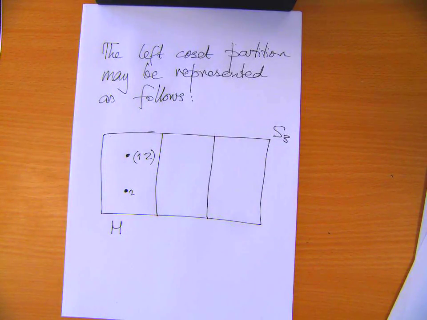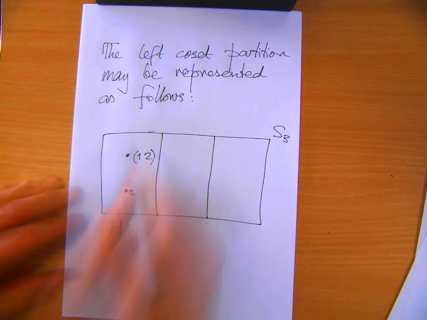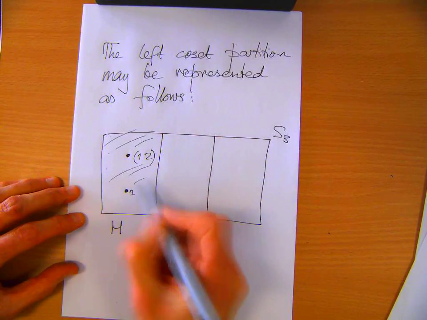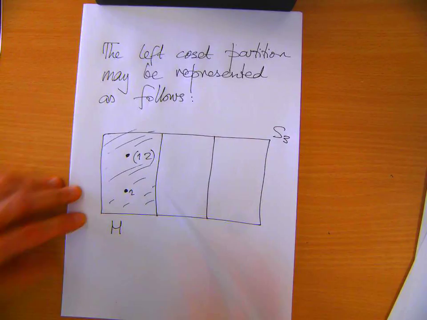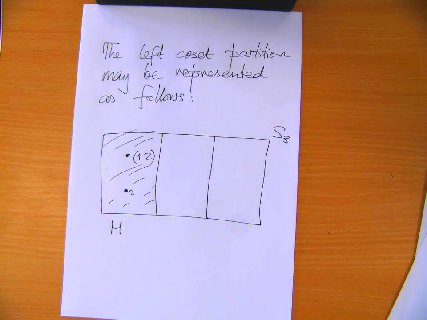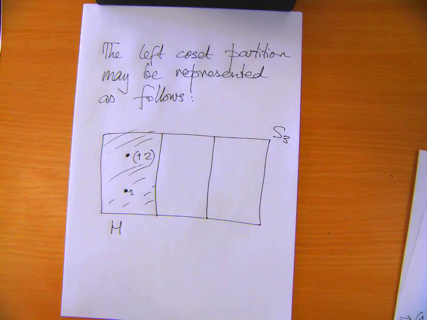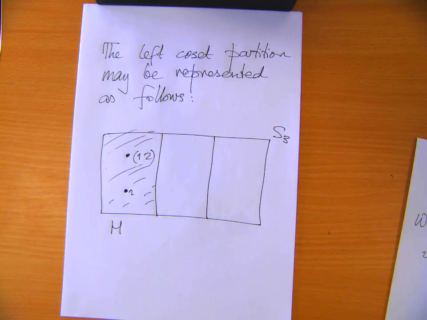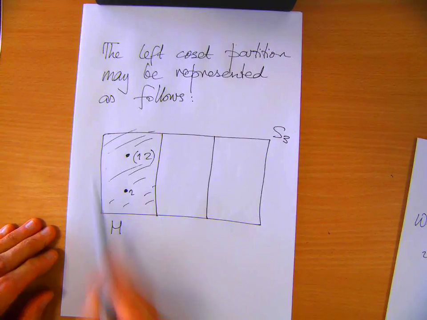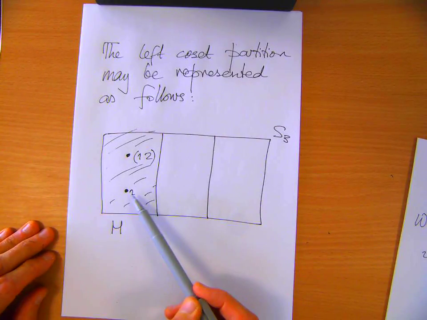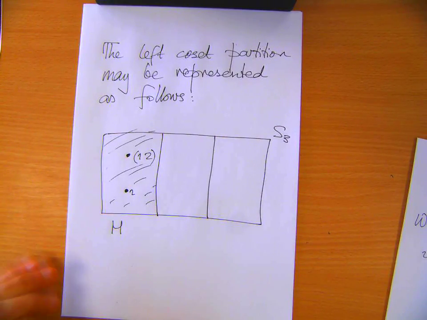So that's the subgroup that we started with. And then we've computed cosets. The first coset was H itself. That's the cell that contains the identity and (1 2).